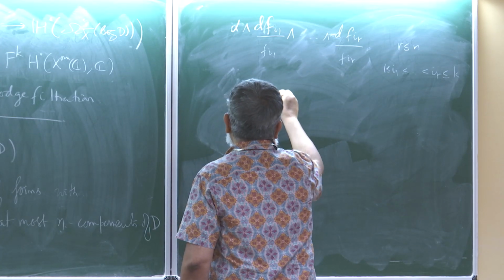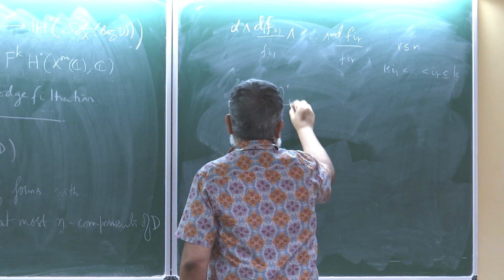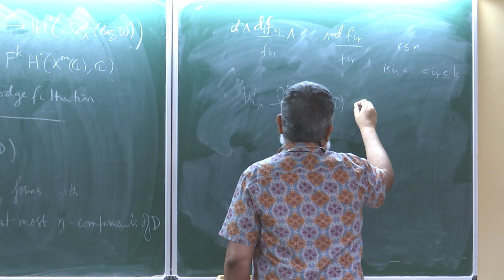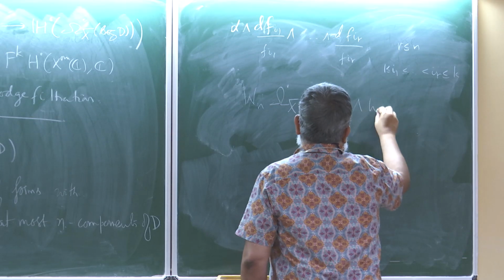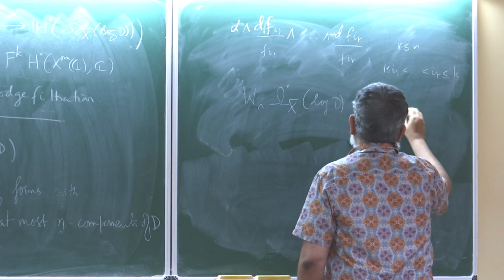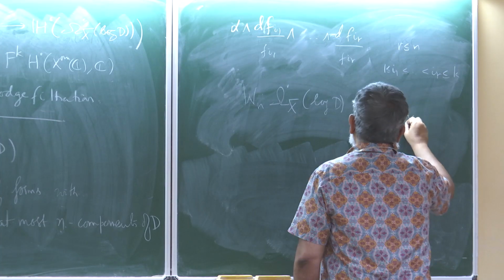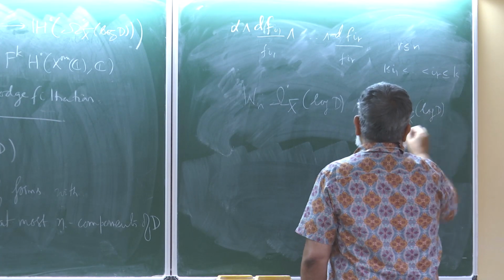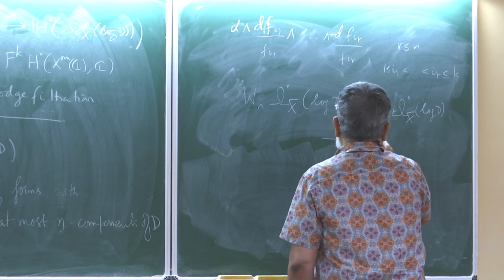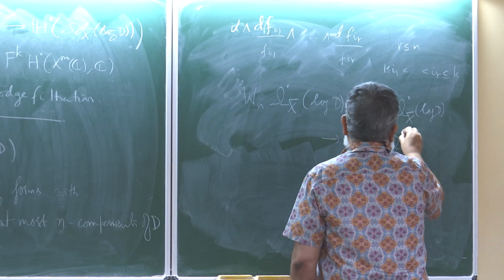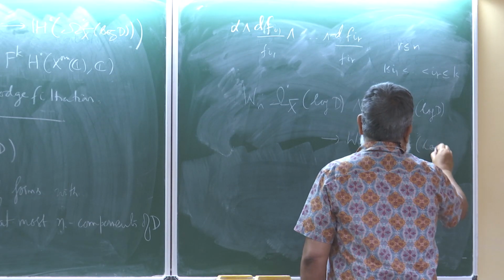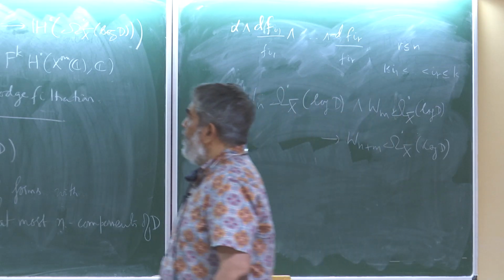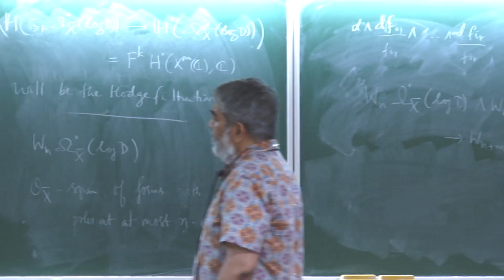And in fact, you have one more property, which is that Ω^• log D wedge Ω^m, or W_m log D, is obviously contained in W_{m+n} log D. So it's a neat algebraic structure inside.